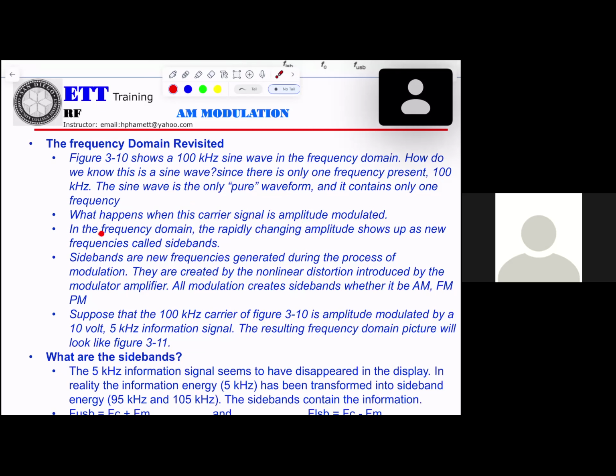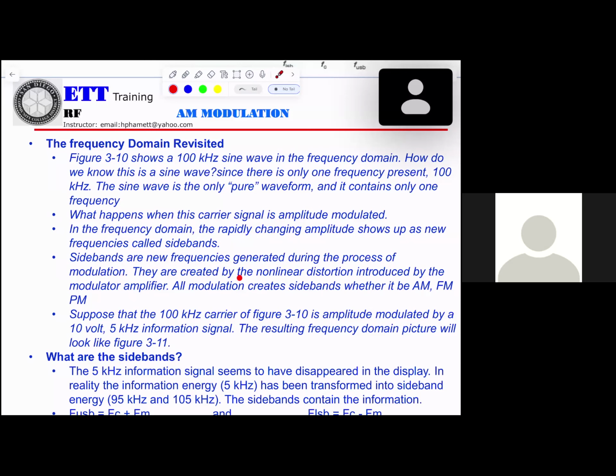In the frequency domain, the rapidly changing amplitude shows up at new frequencies called sidebands. Sidebands are the new frequencies generated during the modulation process.